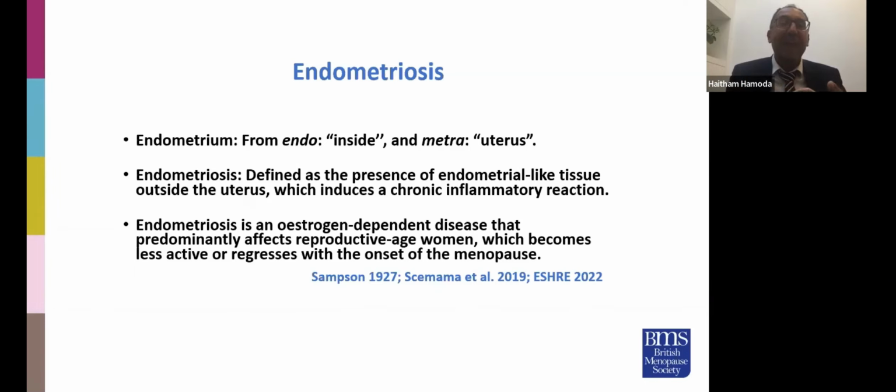When that is happening outside the normal environment, which is the cavity of the uterus, that tissue, inside the abdomen, can cause irritation to the surrounding tissues, inflammation and scarring. And that process is the cause for the manifestations that we generally see with endometriosis. So it is an estrogen-dependent disease, and as such it's a disease of the reproductive years. Generally speaking, it's during the reproductive years that women can experience symptoms with it, and it generally regresses after the menopause, and I'll cover that a bit later on.